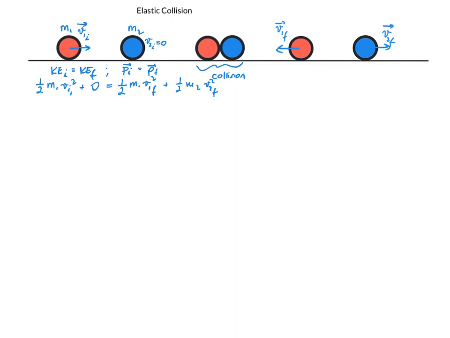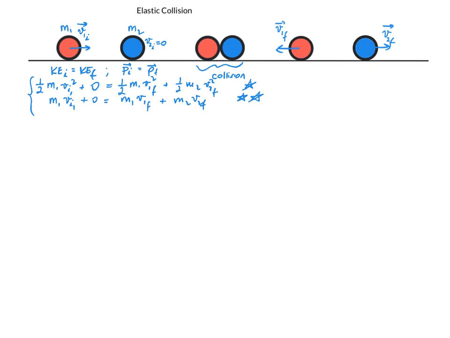So now when I write the conservation of momentum, I have before the collision m1 times v1 initial plus 0 is equal to m1 v1 final plus m2 v2 final. So I have these two equations and I have two unknowns. I'm looking for the velocity after the collision. So I'm going to star this equation and I'm going to double star the second equation so that I can keep track of the different equations.